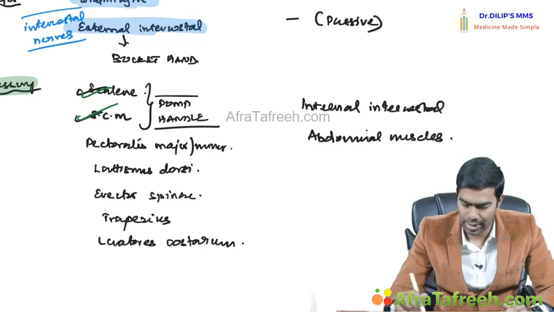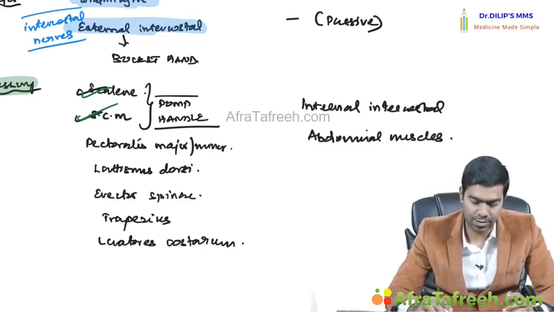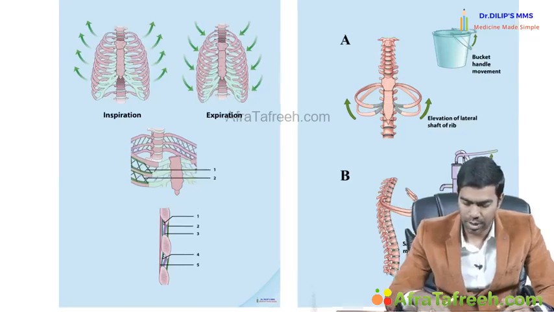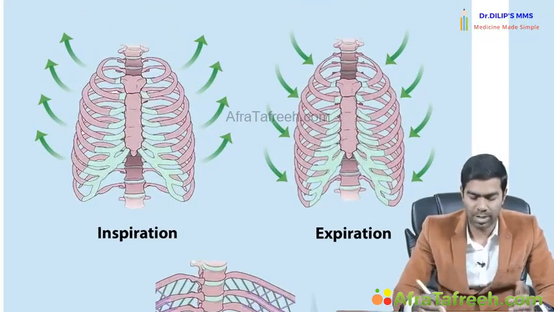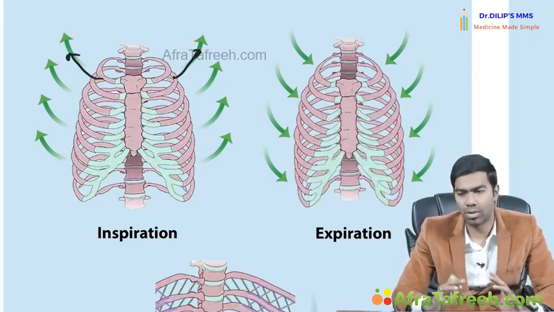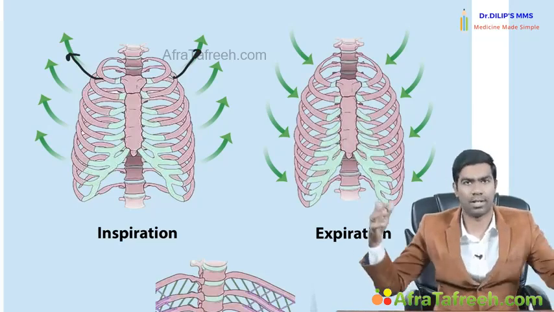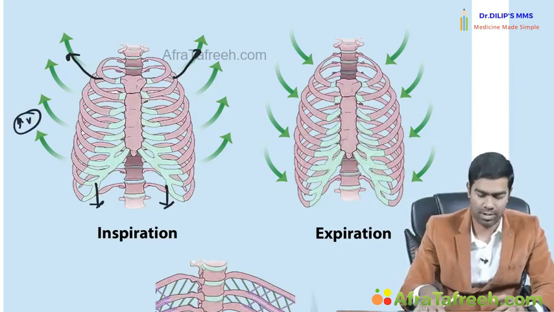Clear? So let us see some of the images that are important in understanding these facts which I've told you already. Let us go to it. So you can see in the first image, it's a very simple and very elegant process where the ribs are going to move outwards and upwards. That's why the arrow is facing like that. At the same time, the diaphragm is going to move down, overall increasing the volume of the chest cavity.